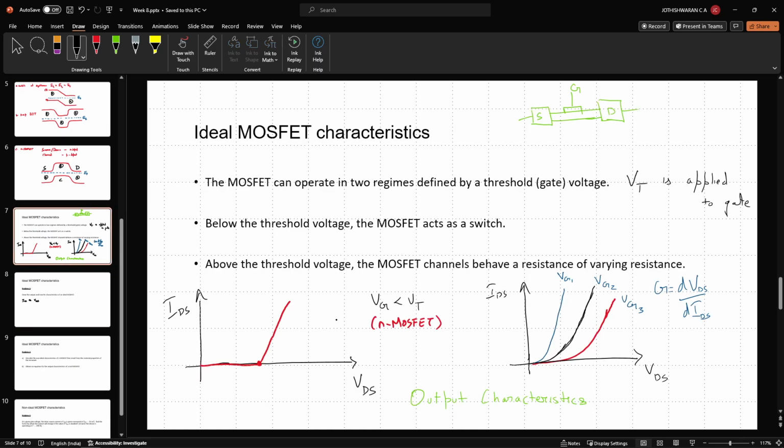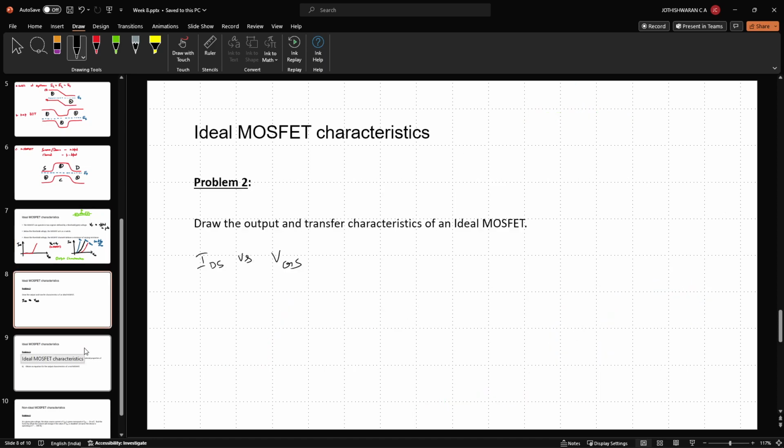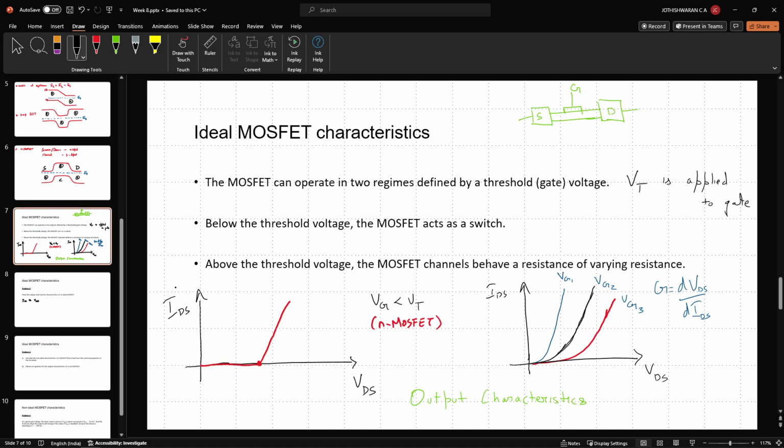Essentially, how does the output current change when I'm varying this control voltage? Okay, so what we have to notice is this output characteristic is more or less the same below the threshold and above the threshold. What I can say is below the threshold, this will be 0 for a relatively larger voltage, whereas that is not the case when Vg is greater than Vt.